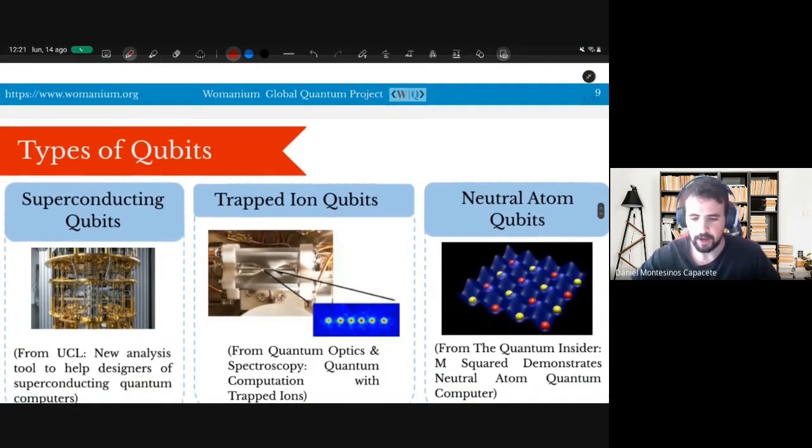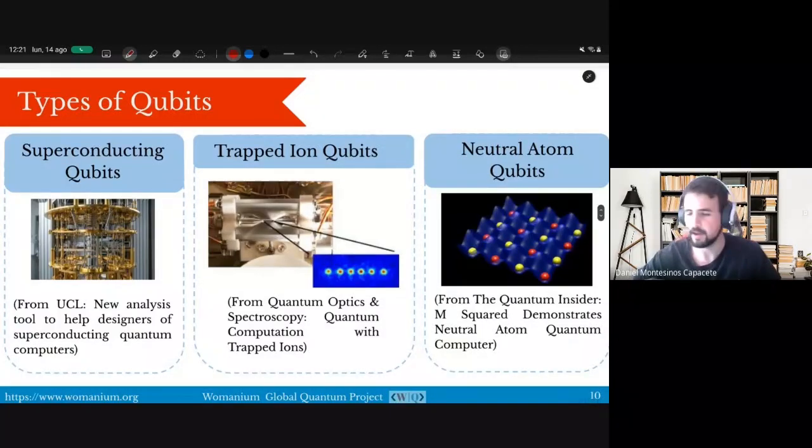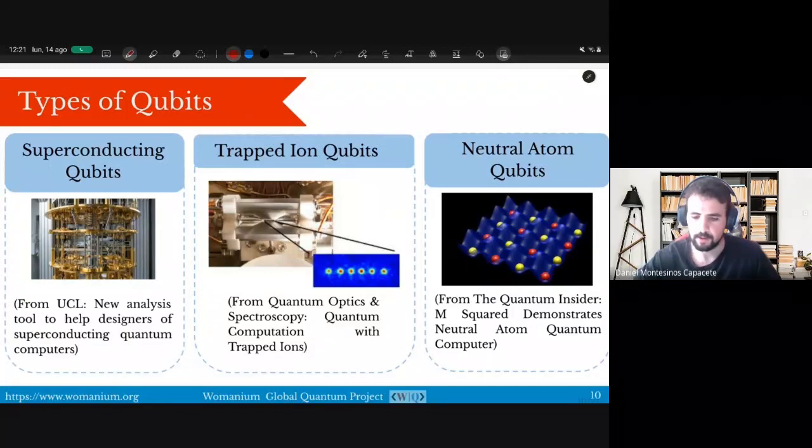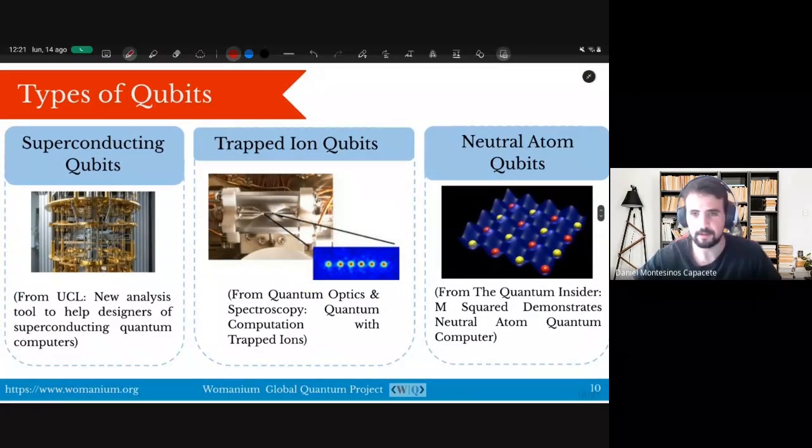Right? So there are a lot of different ways of implementing qubits. And this is something that is still in development. Each of these types of qubits is in development, and there are more types of qubits in development, in the sense that we are at a point of quantum computing where things are good, but they still need a huge amount of improvement in order to have useful computers.